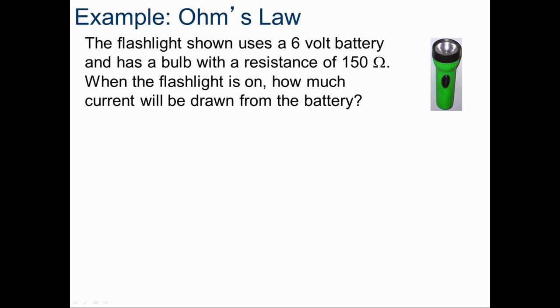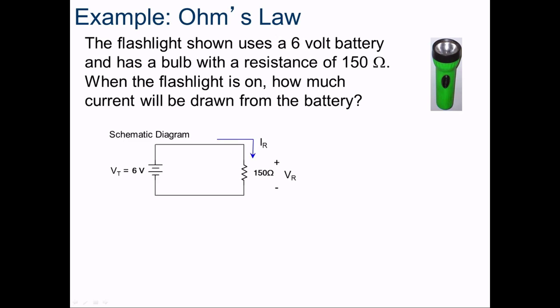Okay, let's do some examples. The flashlight shown uses a 6-volt battery and has a bulb with a resistance of 150 ohms. When the flashlight is on, how much current will be drawn from the battery? First thing I do is draw a schematic. Here's my battery. Here's my resistor.